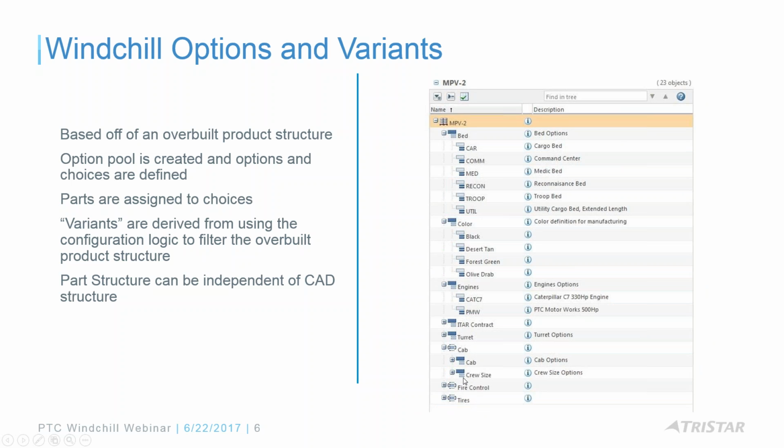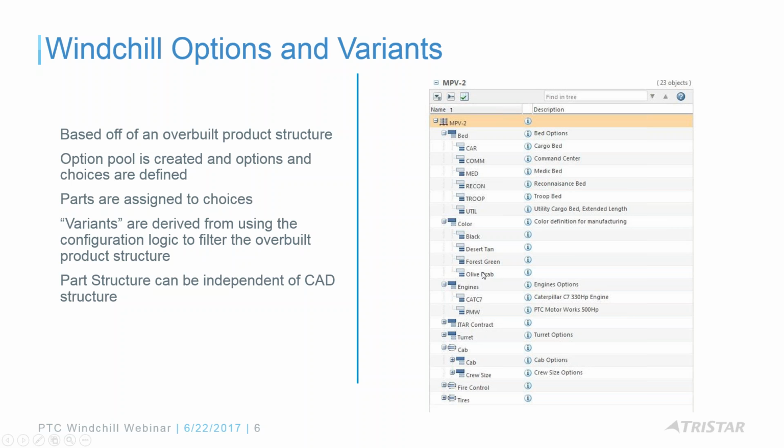So we're going to take a look at an example of this inside Windchill. One of the rule sets that I can define is things like include and exclude rules. So if I put in different options, for example, for colors, different part numbers are going to be selected for that specific variant when I select that type of color.